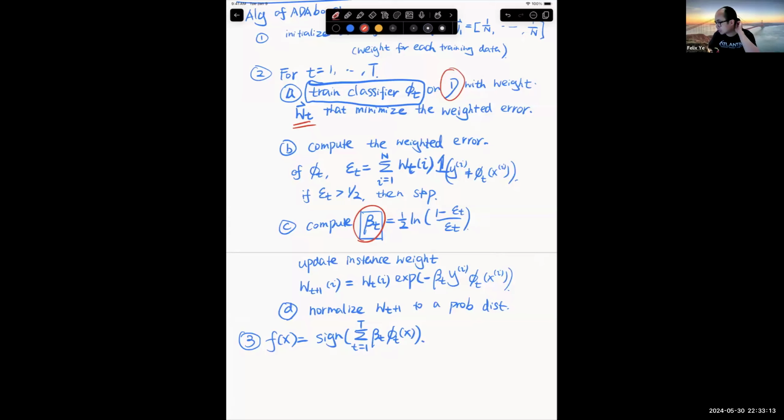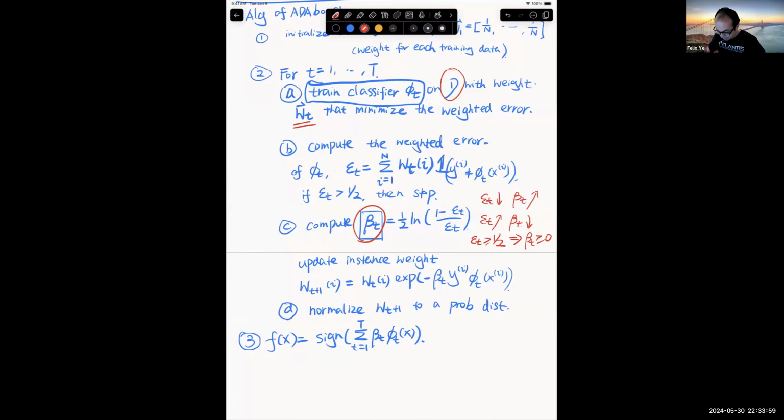If my error is smaller, that means I just learned a very good learner, so I'm going to have a higher weight. However, if my epsilon t is bigger, then my beta t and the weight is smaller. Also, as long as epsilon t is less than half, my weight will be strictly bigger than 0.